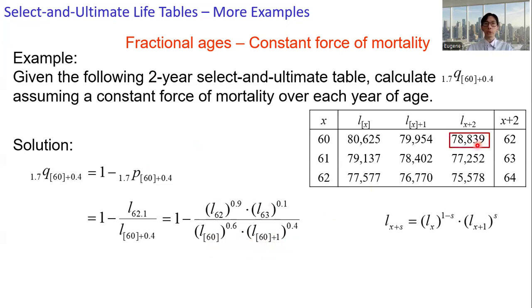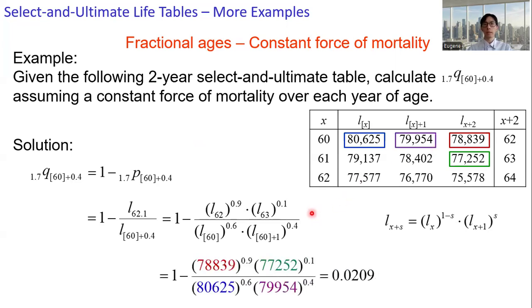We get L62, L63, L bracket 60, and L bracket 60 plus 1. Upon substitution, we get the answer 0.0209.